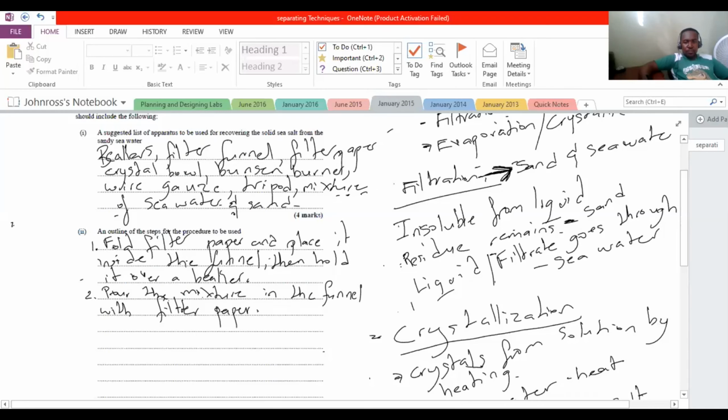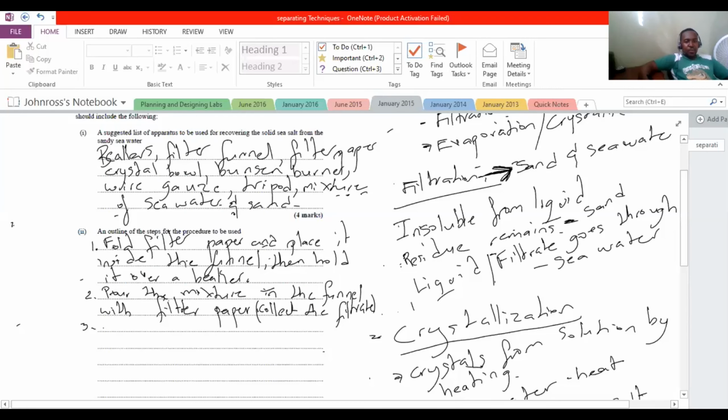And just for conservation purposes, state that you collect the filtrate. Now after you collect the filtrate, we go to step three.